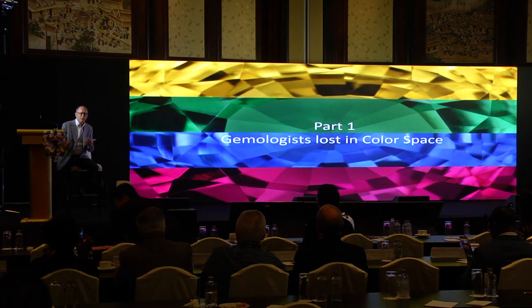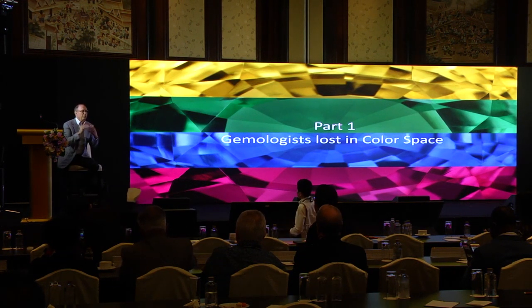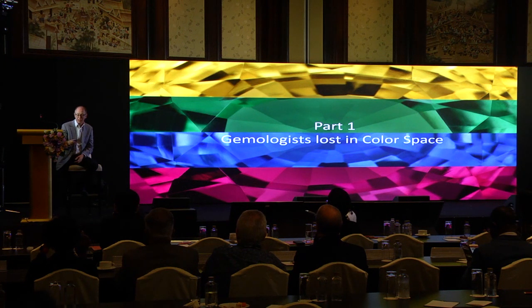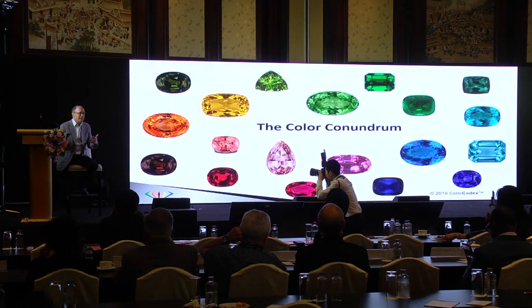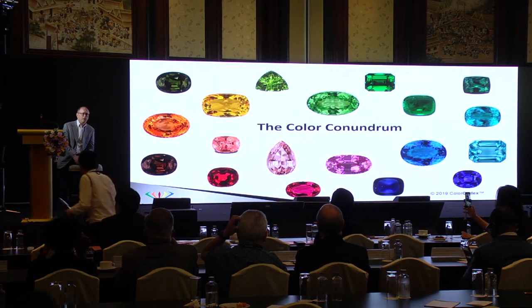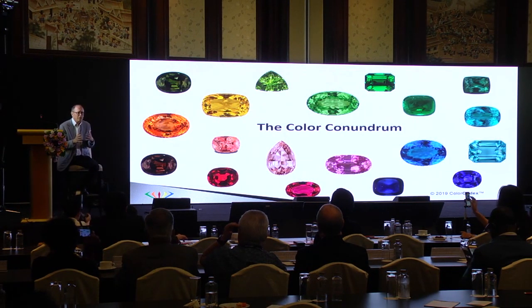The first part of the talk is going to be a little bit more of a background, and I always describe this as gemologists lost in color space. This is a reference to the 1960s television program, Lost in Space. The reason I do this is that it's always surprised me that in our industry, we're all about color.